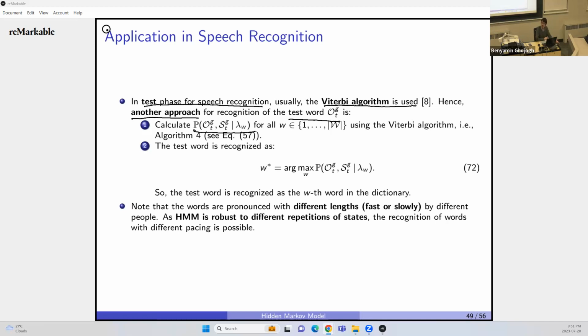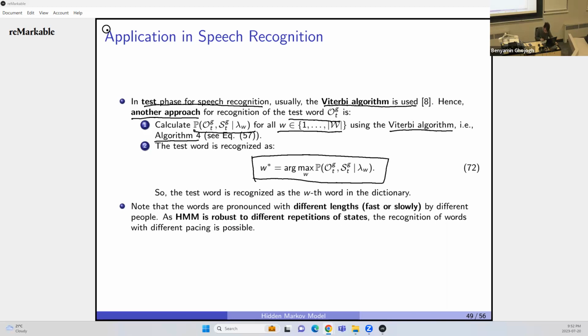The previous approach calculated the probability of O_T given the hidden Markov model. Here, let's calculate the joint probability of O_T and S_T given lambda. And it was done by the Viterbi algorithm. Do you agree? For all of the words using the Viterbi algorithm, which was algorithm 4, the test word maximizes this probability. Right?